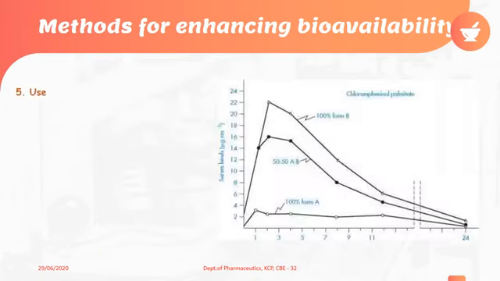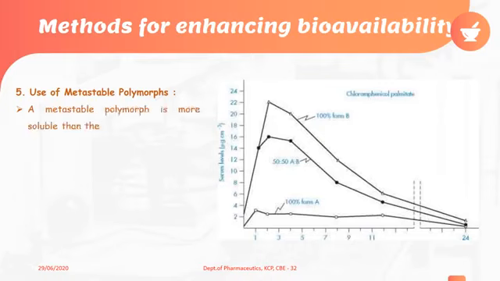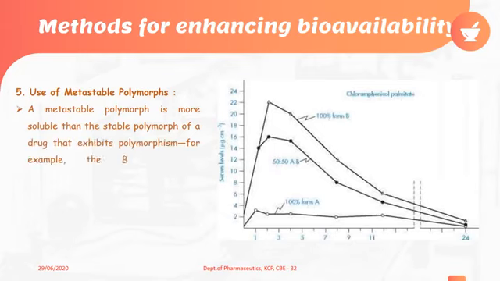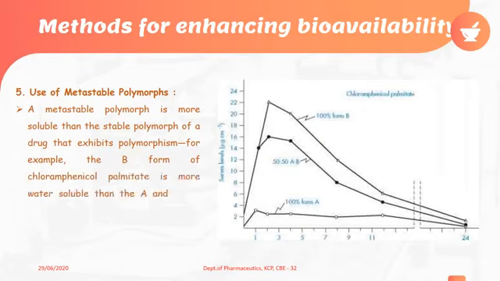The next approach is use of metastable polymorph. A metastable polymorph is more soluble than the stable polymorph of a drug that exhibits polymorphism. An example is chloramphenicol palmitate.